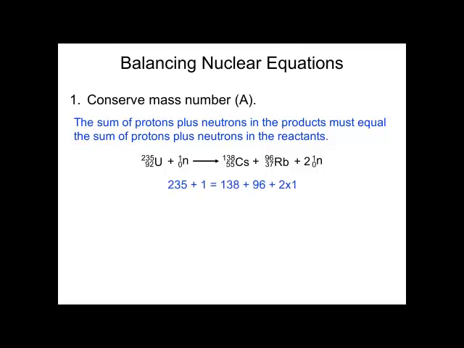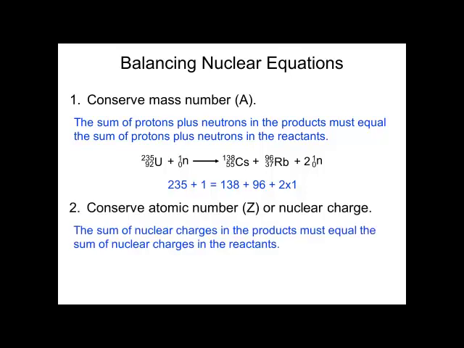The top numbers, 235 plus 1, of the reactants must equal the 138 plus 96 plus 2 times 1 of the products. You also have to conserve the nuclear charge, the atomic number. And this is the bottom row. 92 plus 0 equals 55 plus 37 plus 2 times 0.